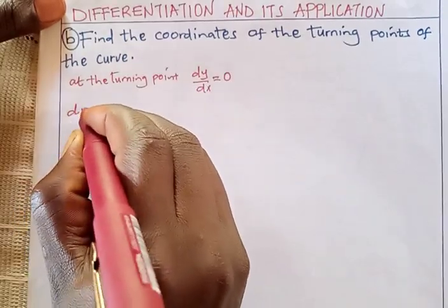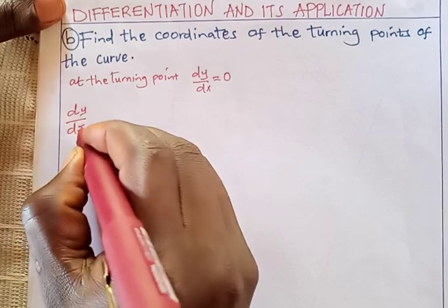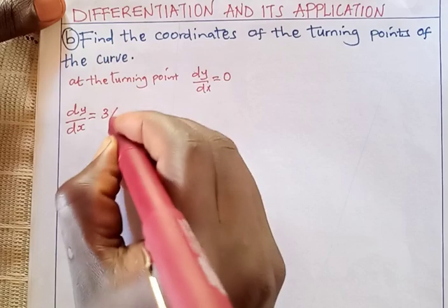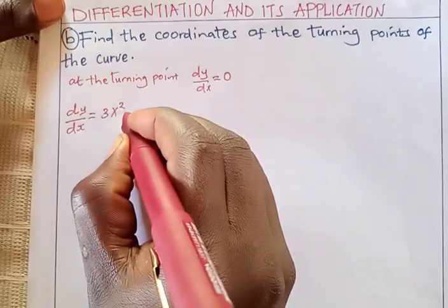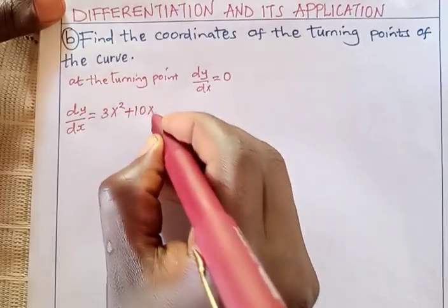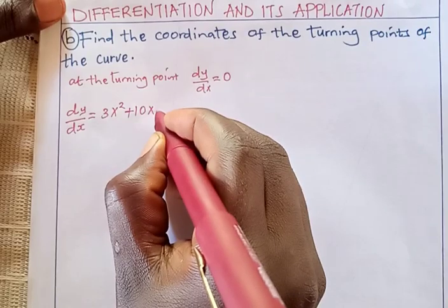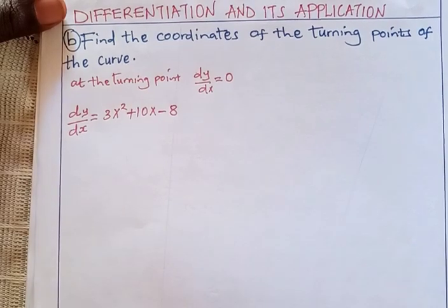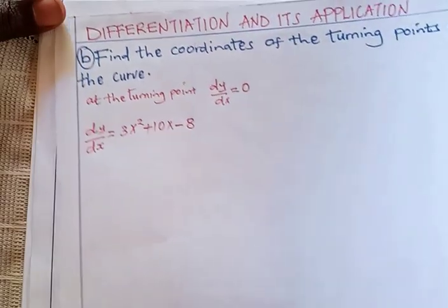Now, what is our dy over dx? Our dy over dx is in fact 3x squared plus 10x minus 8 from the equation. How have I obtained this?